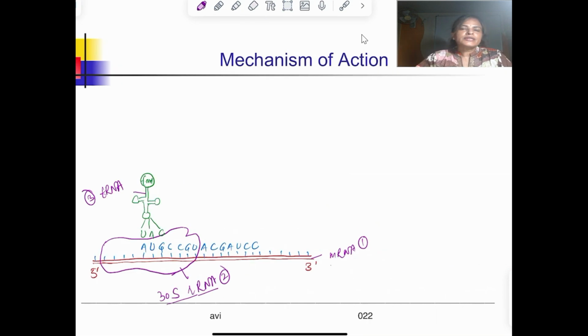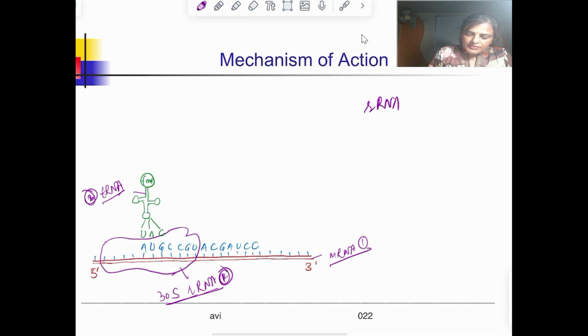In the prokaryotic cell, translation is initiated by the formation of the initiation complex, which consists of the 30S ribosomal subunit, then we have transfer RNA and messenger RNA, so all the RNAs are involved.